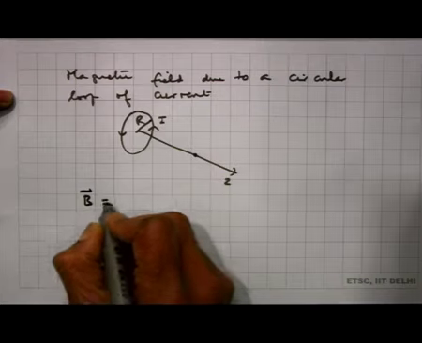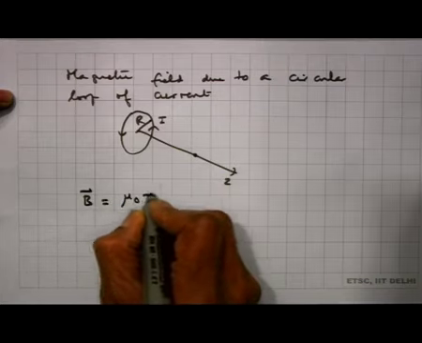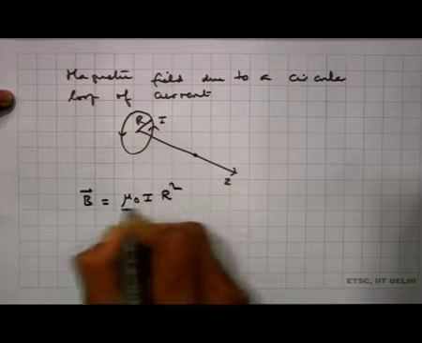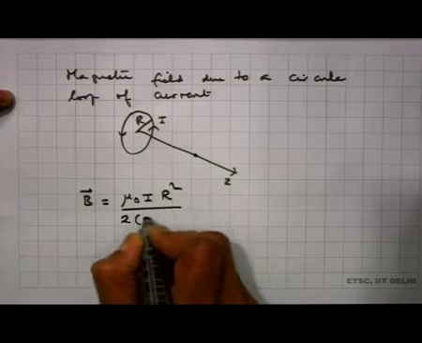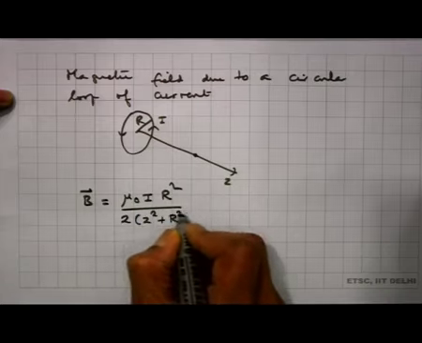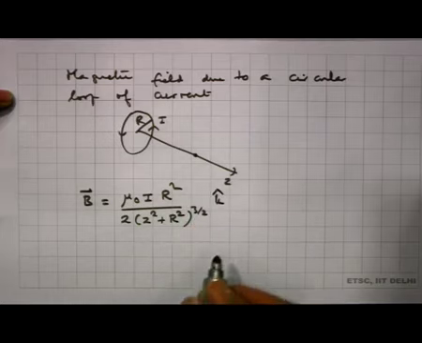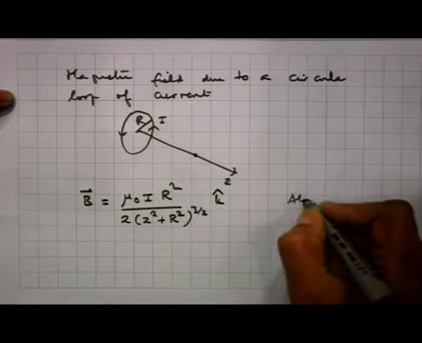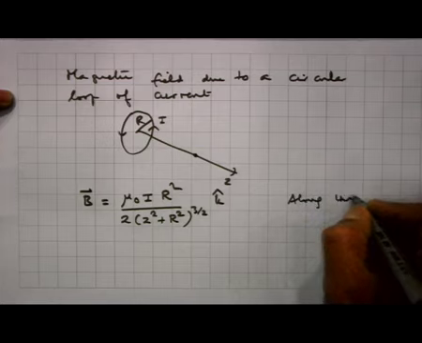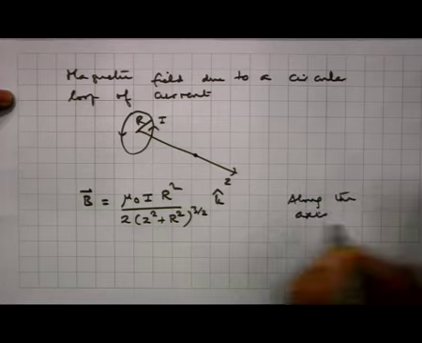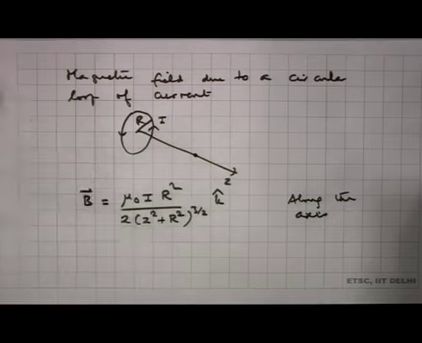B is equal to mu naught I r square by 2 times (z square plus r square) raised to the power 3 by 2, k cap. This is along the axis, the z axis, that is the magnetic field.